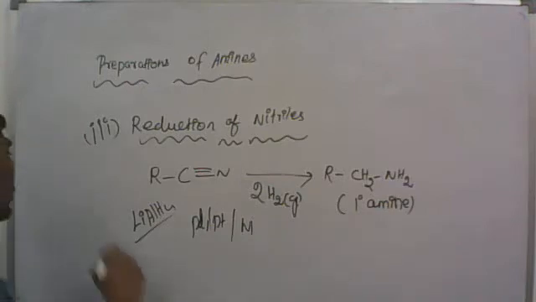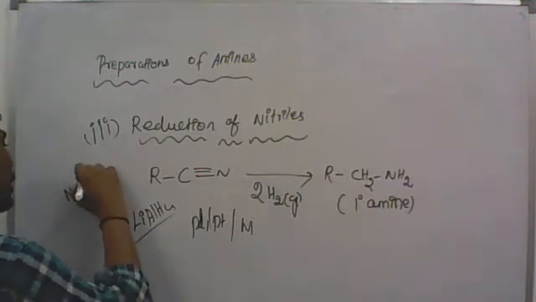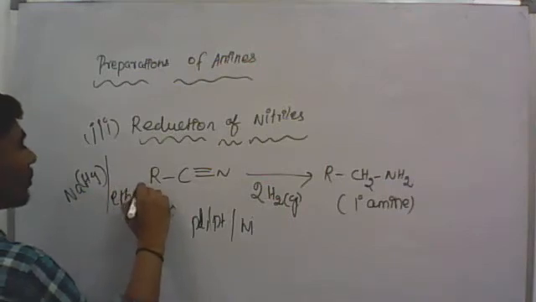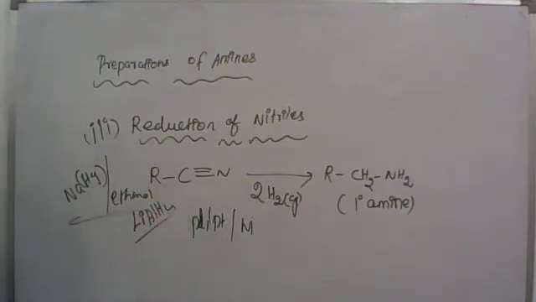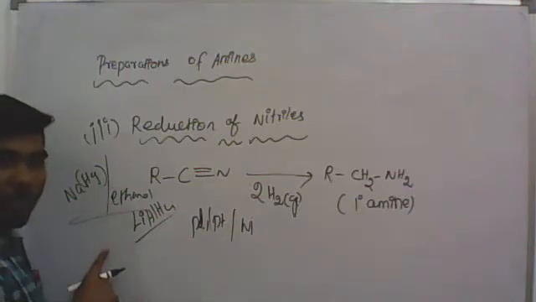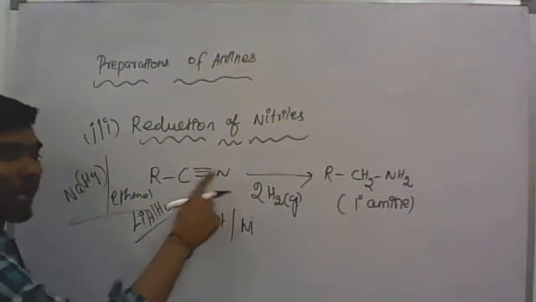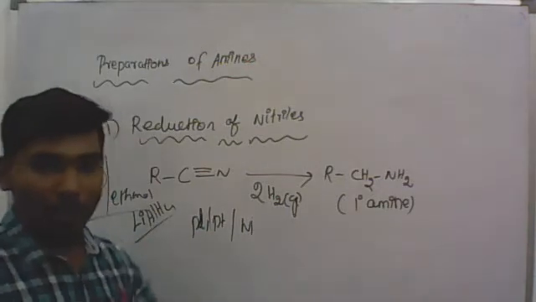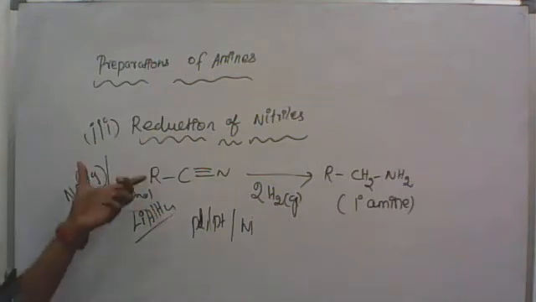One more reagent is sodium amalgam in the presence of ethanol. This is also used as a strong reducing agent to reduce the carbon-nitrogen triple bond, and it produces a primary amine. So this is the reduction of nitriles process.